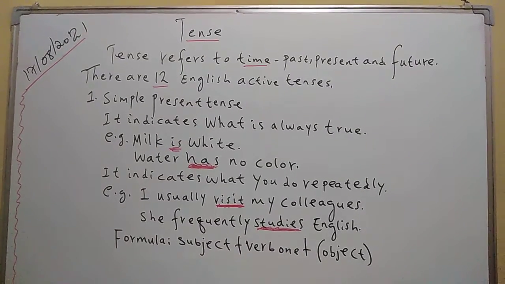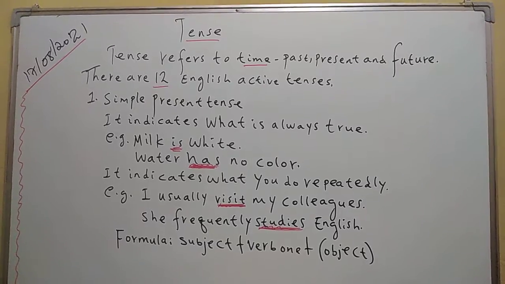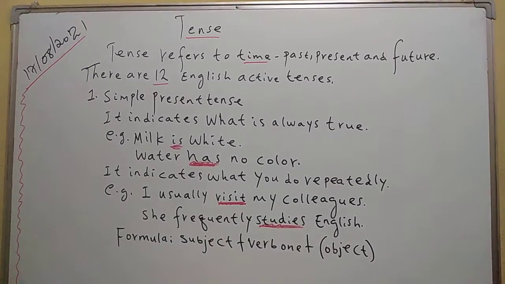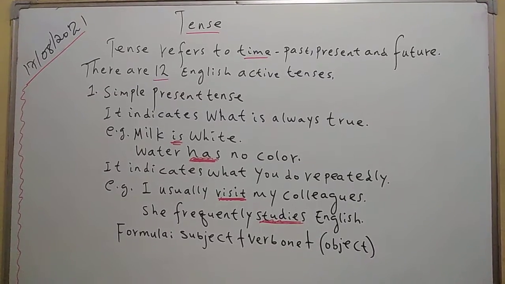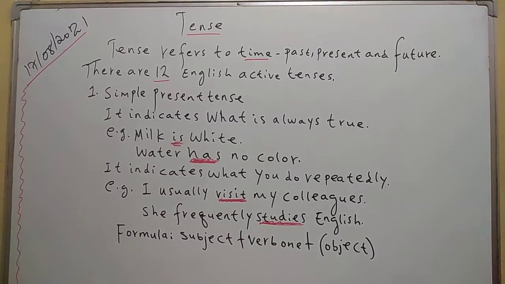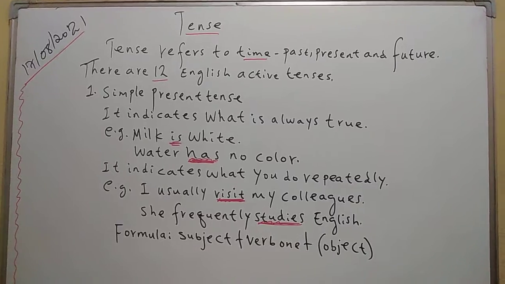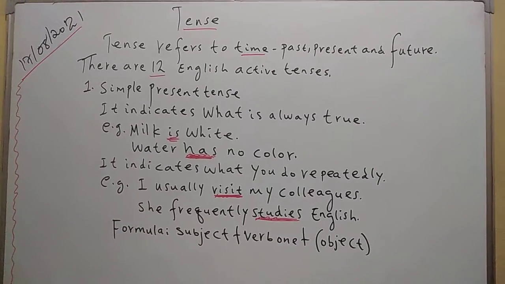And then here is the formula, which means that in order to create simple present tense examples, you can use this formula. The formula is subject plus verb 1. Don't forget to use verb 1. Plus object.